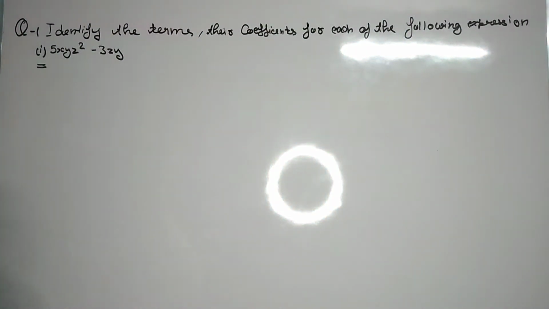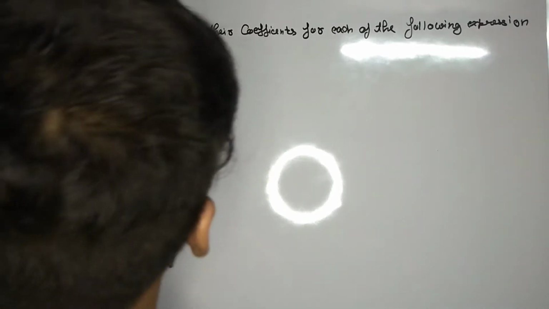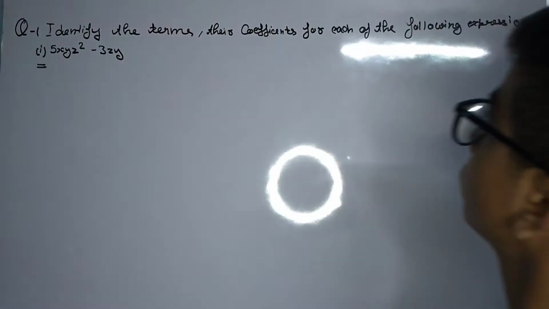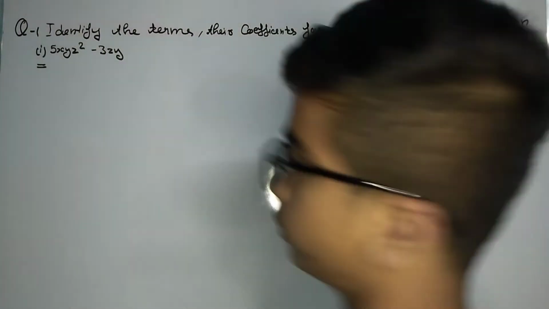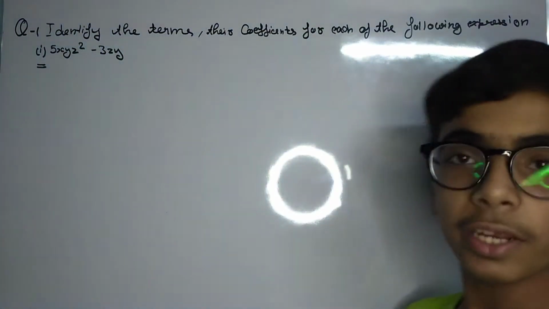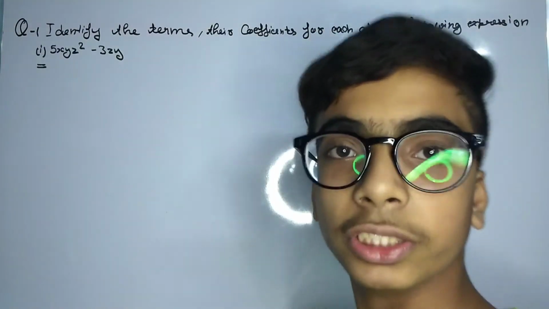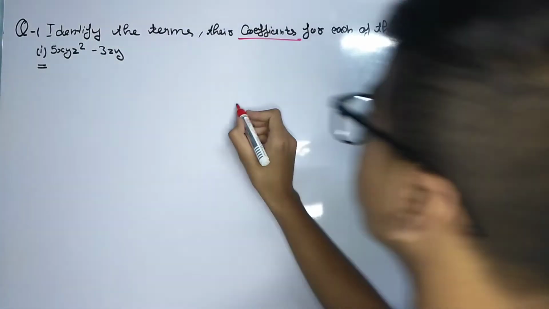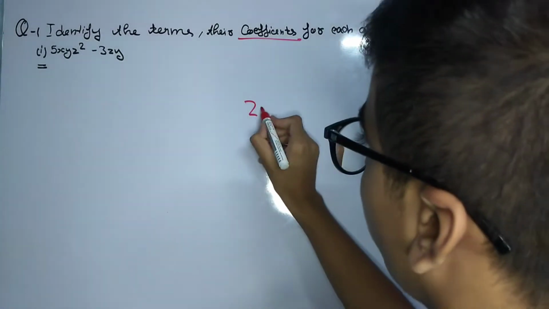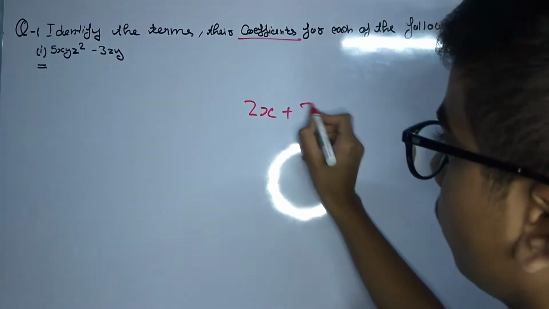So in this question we have to identify the terms and their coefficients for each of the following expressions. So we simply need to find the coefficients. Coefficients are like, we have 2x plus 3x.